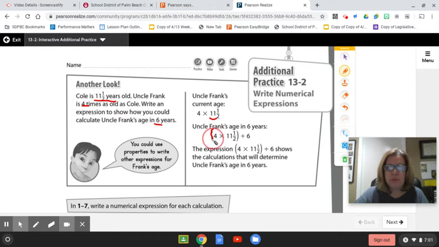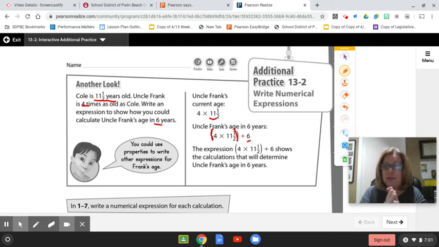We put that in parentheses so you know you have to do that first. So you would do 4 times 11 and a half, whatever answer you got for that. Then you would add on 6 more years, plus 6, and that'll determine Uncle Frank's age in 6 years.